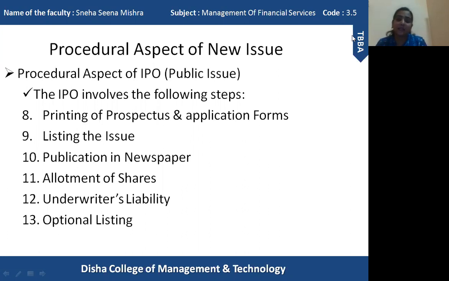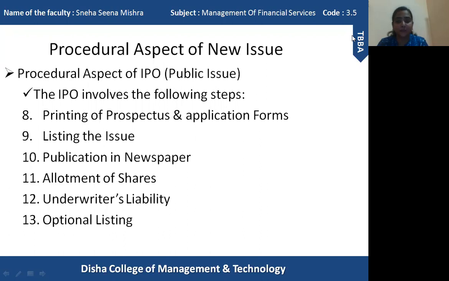The next one is listing the issue. Now the company is supposed to list the issue in the stock exchange. They are going to send all the necessary documents to the stock exchange for listing, and the initial fee they have to pay is around 7,500 to the stock exchange.